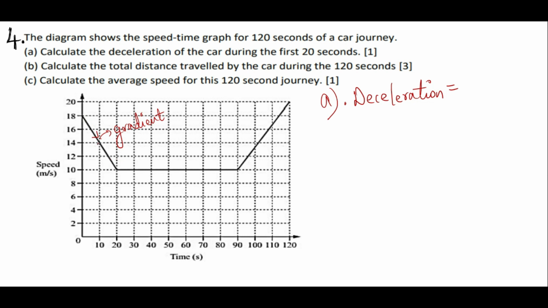Since they're talking about the word deceleration, which is already negative acceleration, you just find the change in y. So from 10 to 18, 18 minus 10, you have 8 over 20, which is equal to 0.4 meters per second squared.